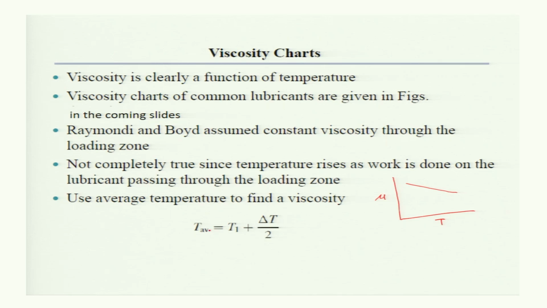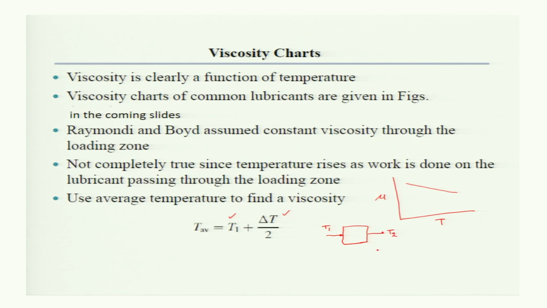That means T average will be the temperature of the lubricant which is entering the clearance space plus delta T divided by 2. Delta T is the rise in temperature. So, if the bearing system is assumed as a black box like this, then the lubricant is entering it with a temperature T1 and going out with temperature T2.